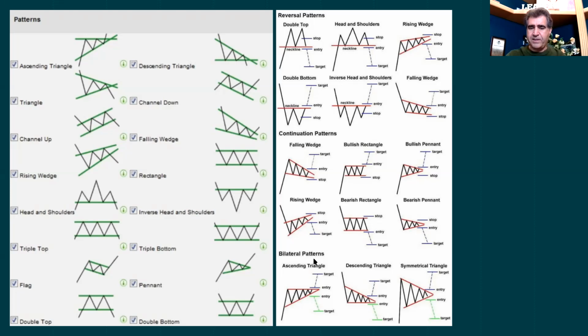Then we have the bilateral patterns, which go either way. So this is for your information. I'm not going to go too much into all of these because of the interest of time. I'm going to share with you four of my favorite, but also more popular and more profitable chart patterns.